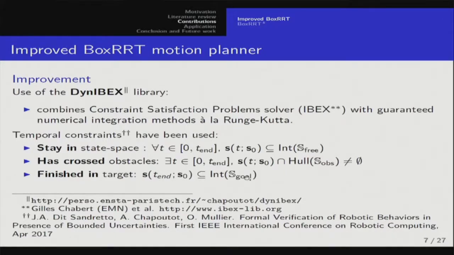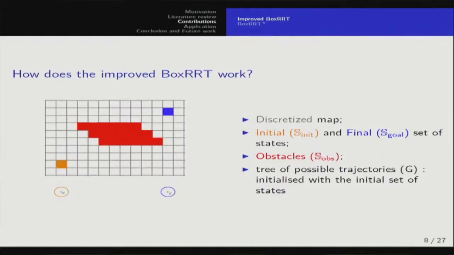So, how does this BoxRRT work? Let's consider the discretized map only for the representation, so we can see it. We have the initial state in orange and the final state in blue, and we have some obstacles. And below, I represented a tree of possible trajectories, which has as initial node only the initial state.